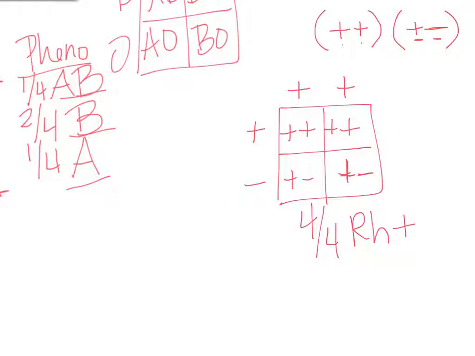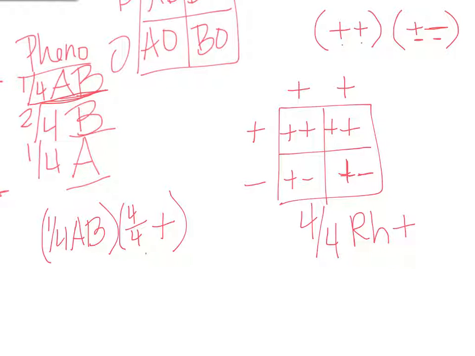This can turn into a dihybrid cross. So we could take this AB, there's a 1/4 chance of having blood type AB, and we would multiply that by the 4 out of 4 chance of being positive.